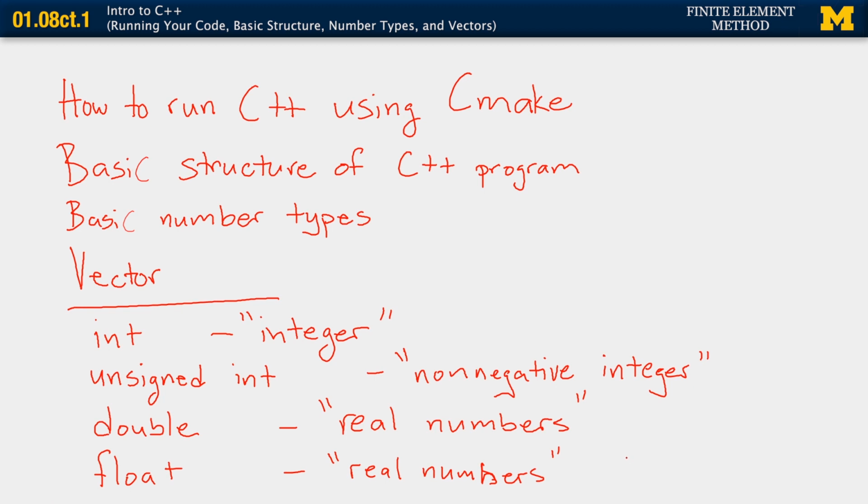A float uses 32 bits per real number. And can you guess how much a double uses? 64 bits. Double is short for double precision. We use more memory to store the number, and so we can get greater precision with those numbers. All right.